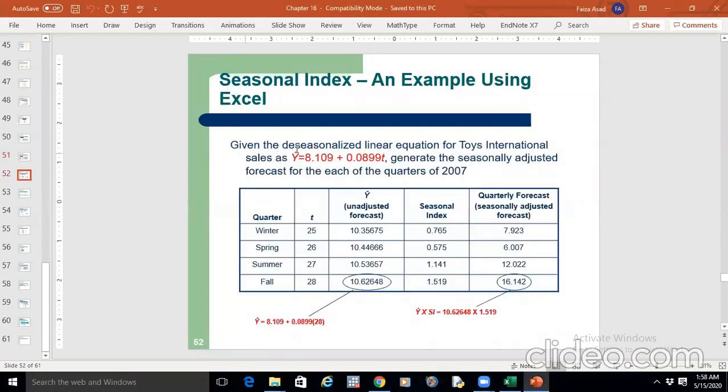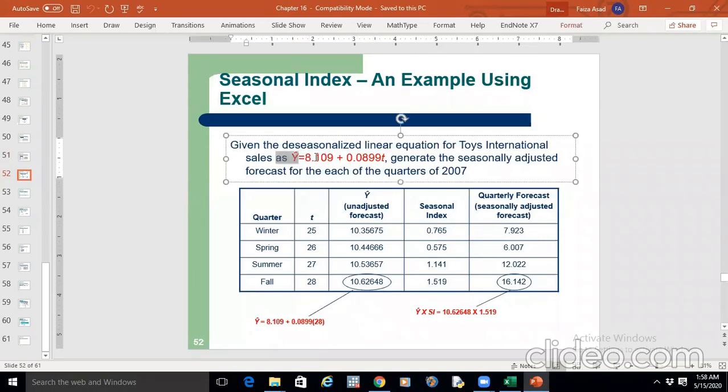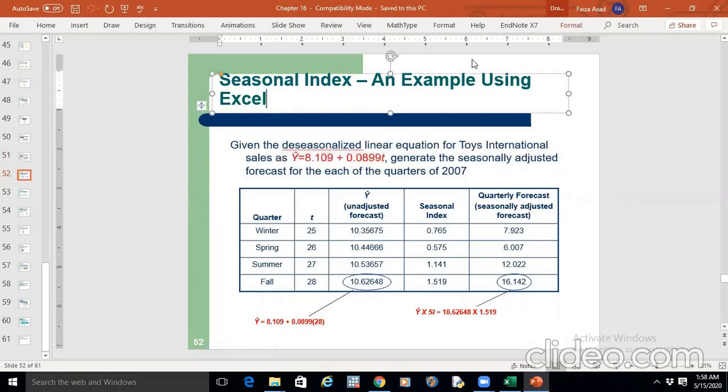So we got this equation, and now we can calculate the next year's quarters. We have data till 2006, and the last quarter was 24. In 2007, the winter quarter will be coded as 25, and the next 3 quarters till 28.